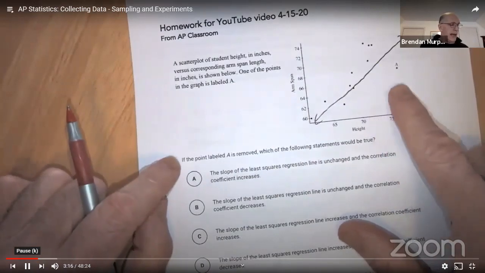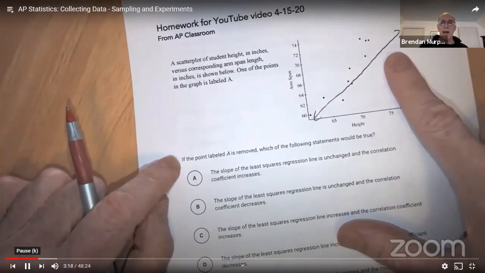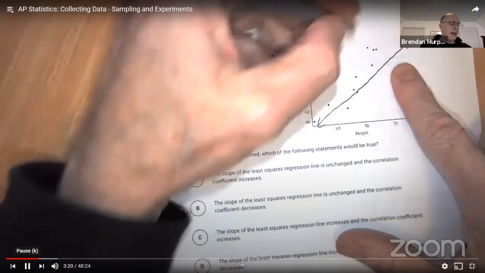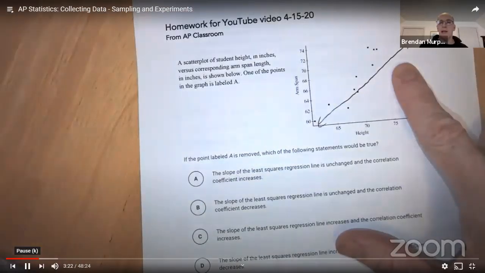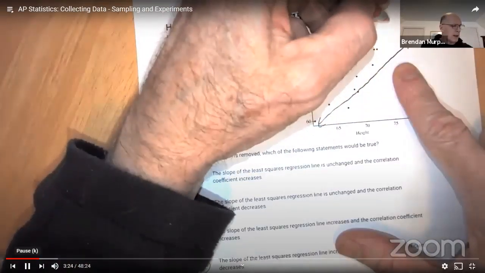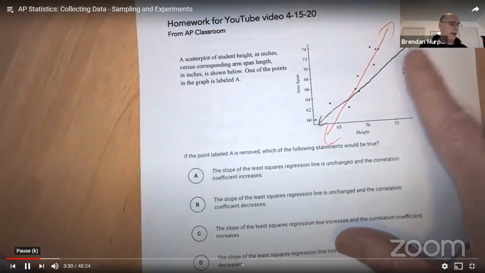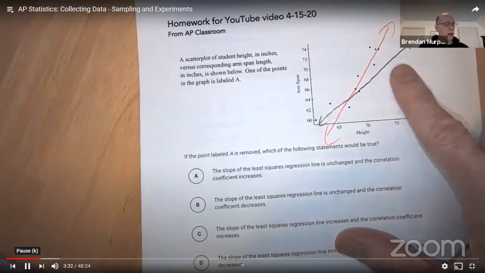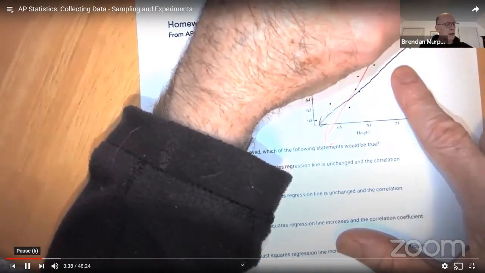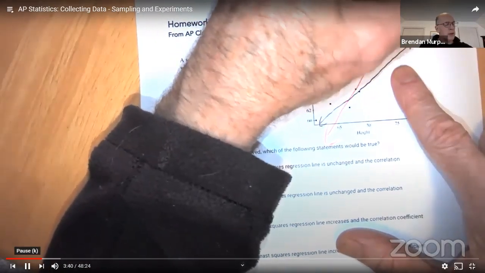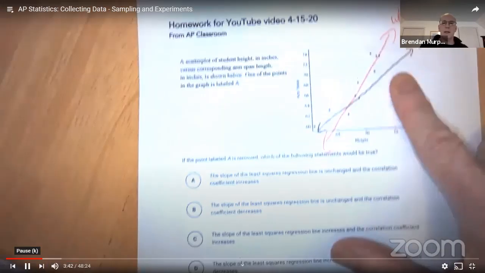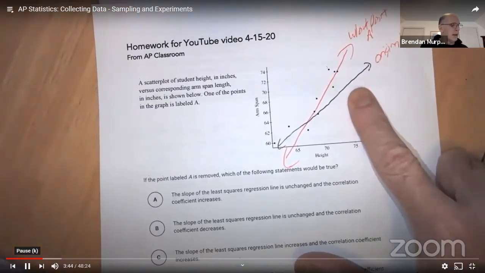If the point A is removed, if I take this away, then that line that I just drew doesn't represent the data very well, so I'll draw here in another color what I think the new least squares regression line would be if I removed point A. So here's the original, and here's without point A. I have the cursor of a lefty, so you can't see what I'm doing.